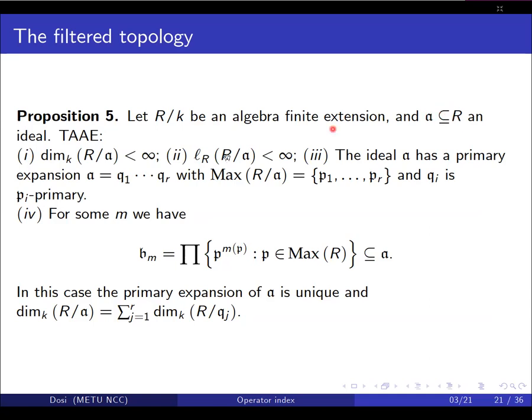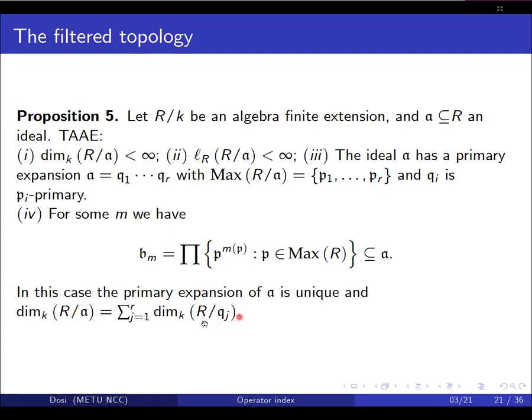For an ideal, the following assertions are equivalent. That's the case we are looking for: having a finite index, the dimension is finite, the length is finite. The ideal has a primary expansion, the maximal ideals of the quotient being P1 through Pr, and every ideal is primary. In this case the ideal would contain some of these B_n, our neighborhoods of 0.